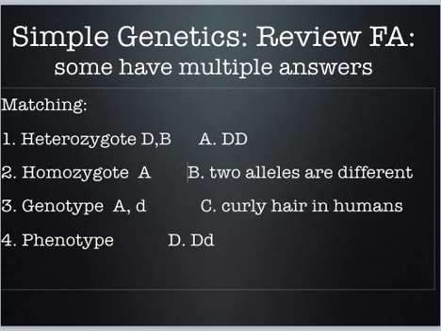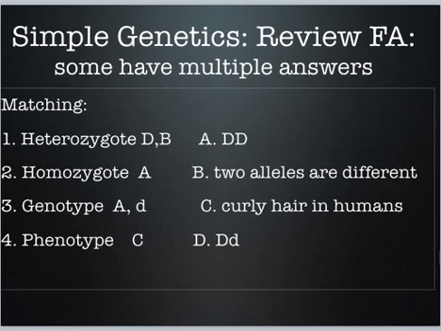And for phenotype, phenotype is going to be C. So that just is a review of some simple genetics: heterozygote, homozygote, genotype, and phenotype.